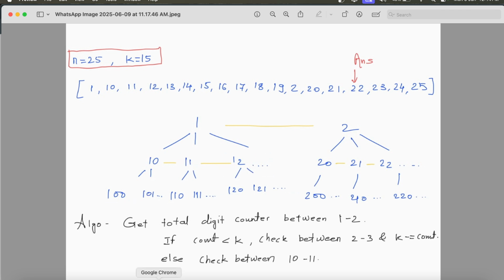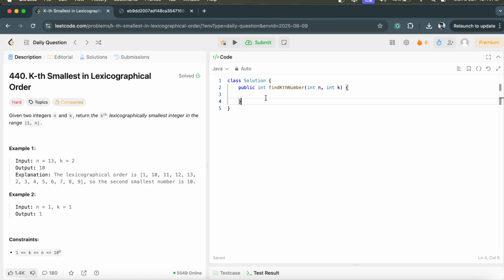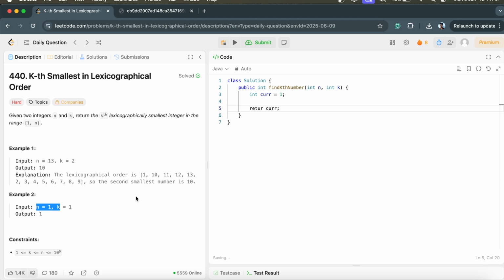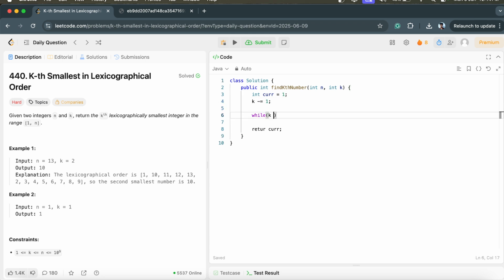Let me write down the solution first, because explaining this way won't get pretty clear. So let us suppose the current is basically pointing to 1, because from 1 only we are starting, and this current is something what we will return at the end. So what if n is actually 1? Let us decrement this k by 1, and this k should always be greater than 0.